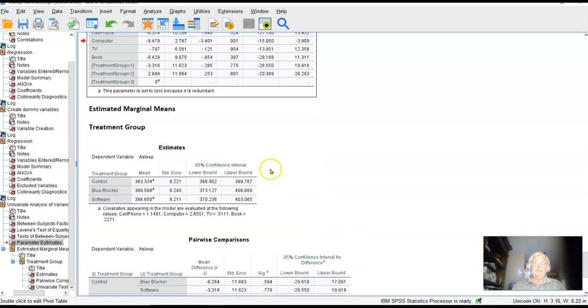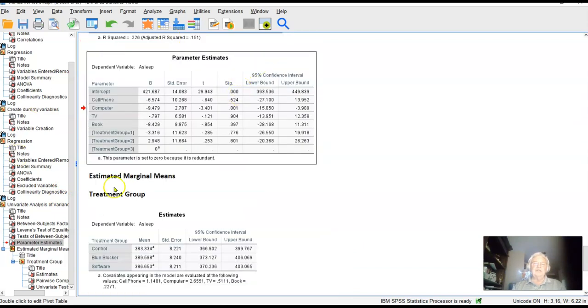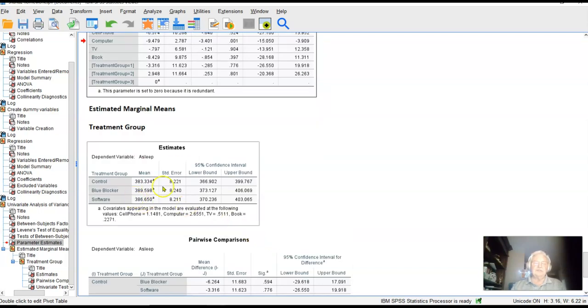Now, some of the other things that it gives us with our treatment group: the parameter estimates are all the information you get with respect to the continuous variables. But for the discrete, categorical variables, the treatment group, you get estimates.